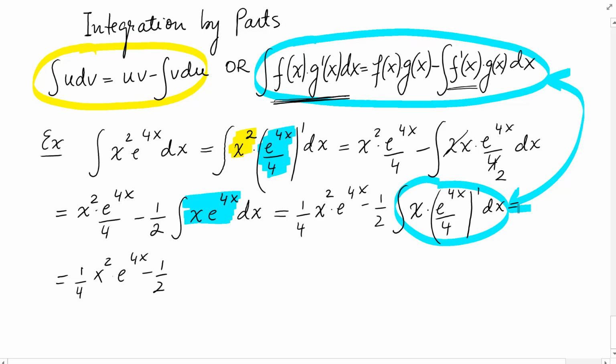And we know that when we do integration by parts, the integral is going to be broken down into two terms. So I'm going to open a parenthesis and I'm going to write x times e to 4x over 4 minus integral of x prime, which is 1, so e to 4x over 4 dx.